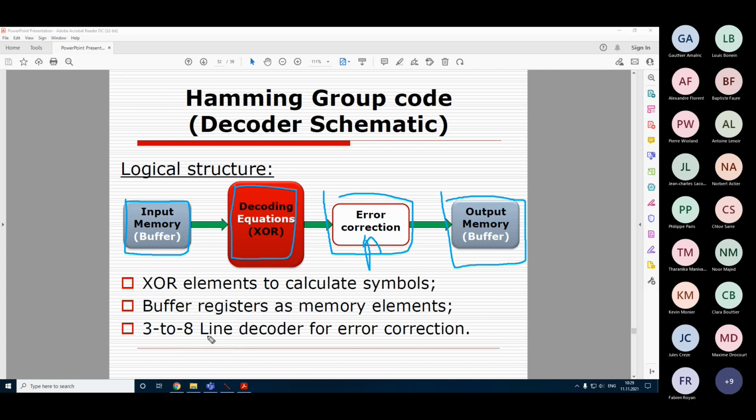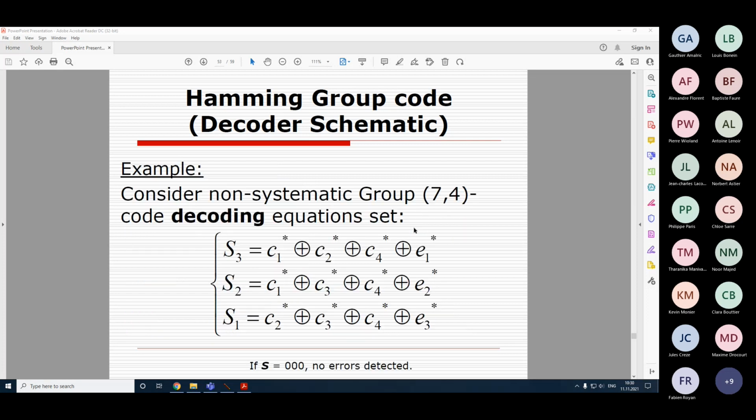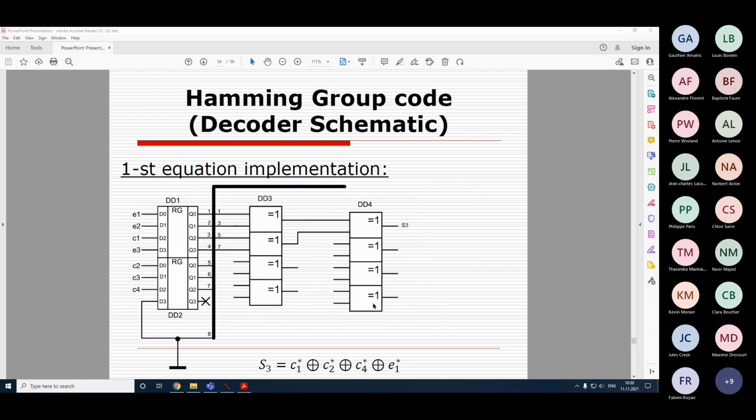So for correction, we are going to use a specific component called line decoder, which will convert our syndrome into a correction signal, which will be added to actually make a correction of the error. So we need a set of decoding equations, which are the same for systematic or non-systematic code.